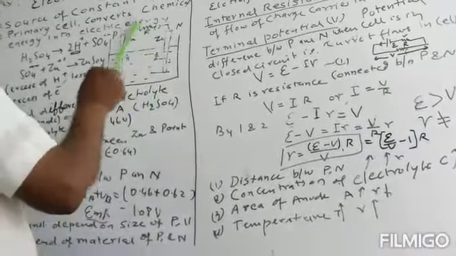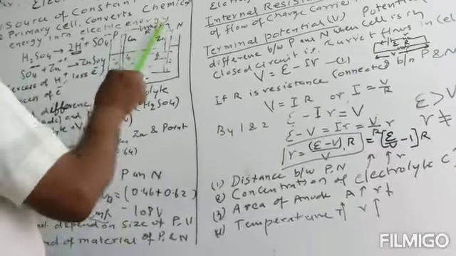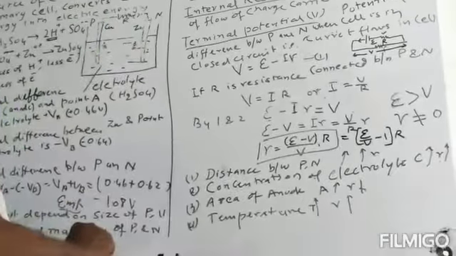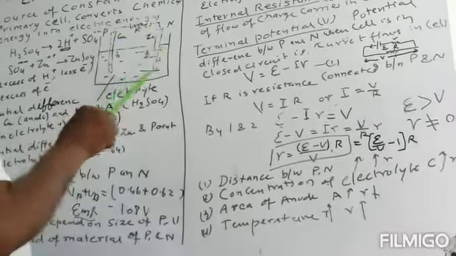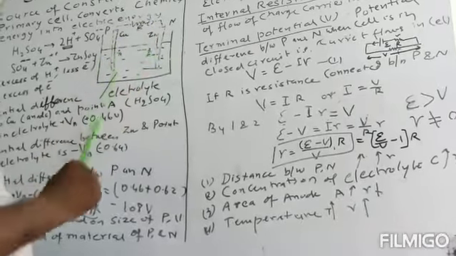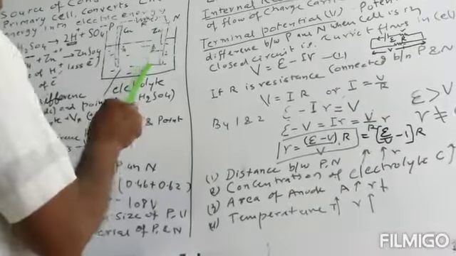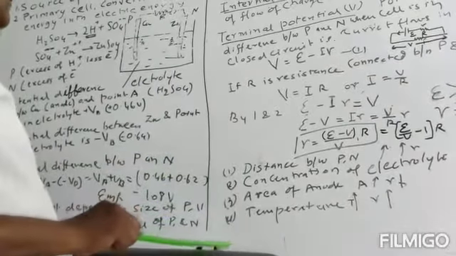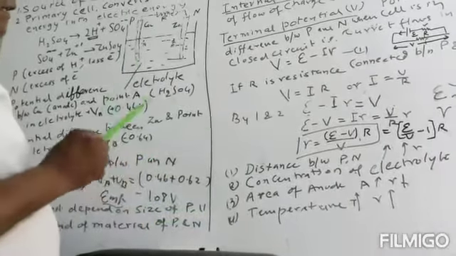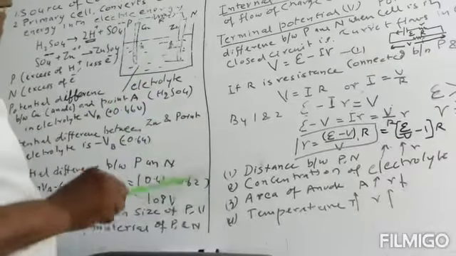If the amount of current drawn is more, then the internal resistance will increase. Internal resistance also depends upon the temperature. So these are the five factors on which the internal resistance of the cell depends.